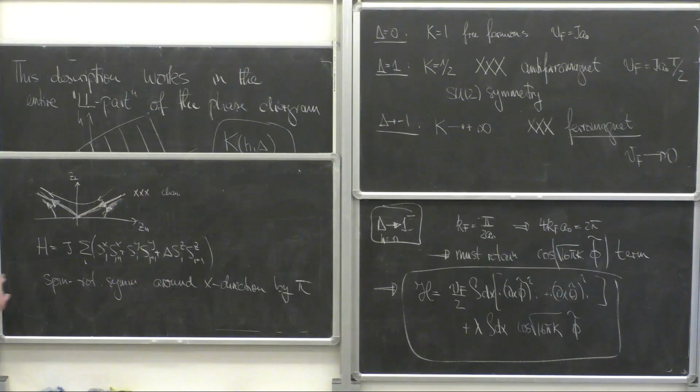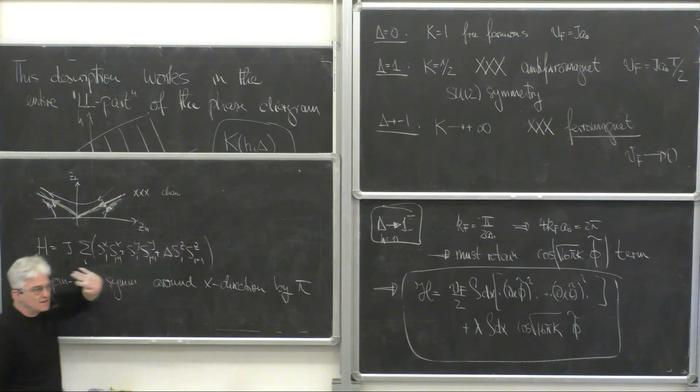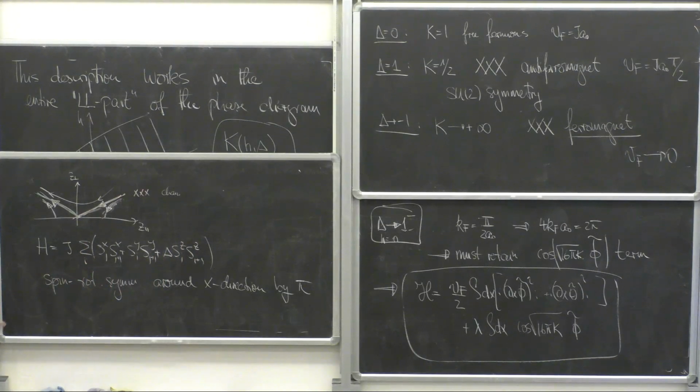I'm not allowed to break the spin rotational symmetry around the z direction because that's a continuous symmetry, a U1 symmetry. So Mermin-Wagner-Hohenberg tells me I can't do that. But I also have this discrete symmetry, which I can think of as a rotational symmetry around the x-axis by an angle of pi.